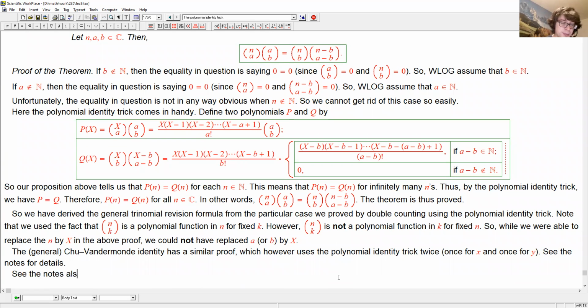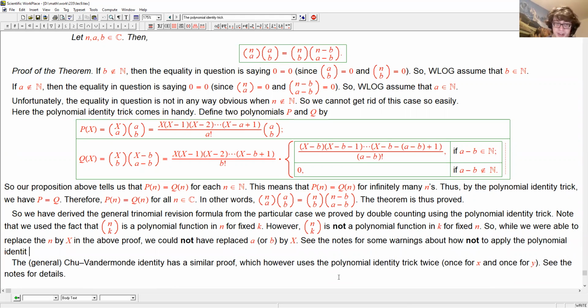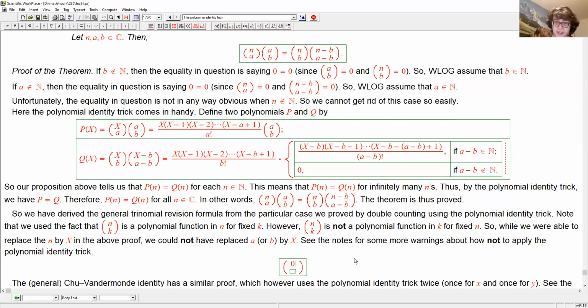See the notes also for some warnings about how not to apply the polynomial identity trick. I mean, some more warnings. It is tempting to, for example, throw it at the hockey stick identity. We had this on the homework.